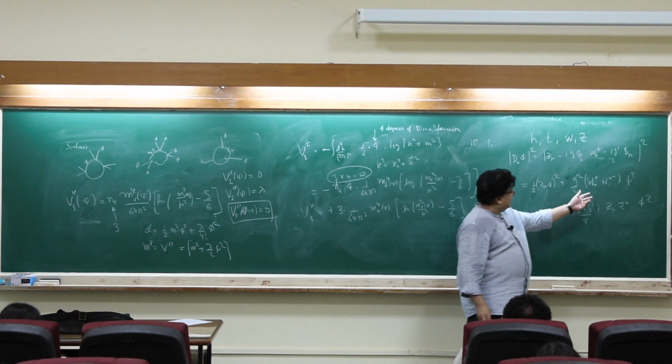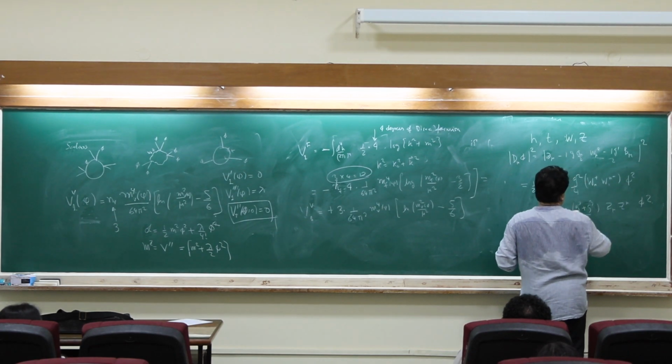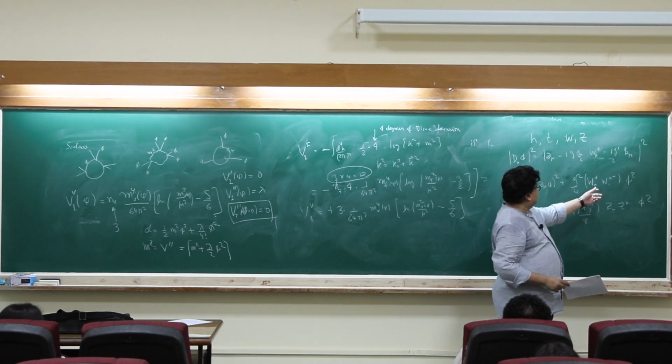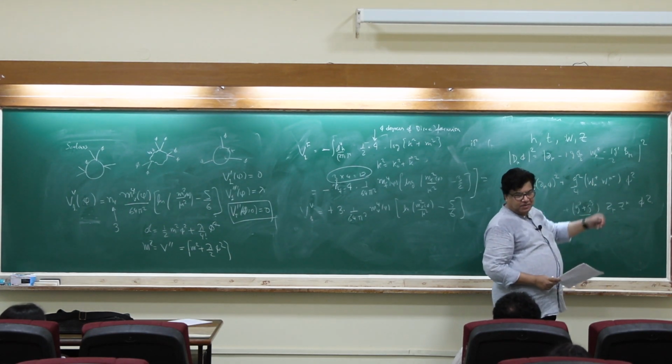So this is my mass. W mass is this one, Z mass is this one, okay, and they are phi square dependent.